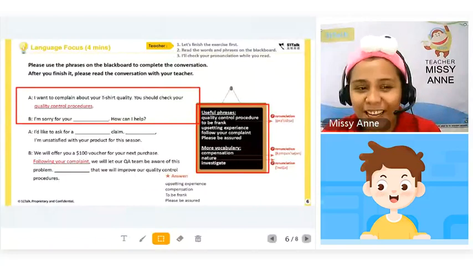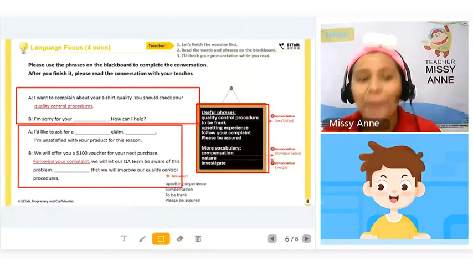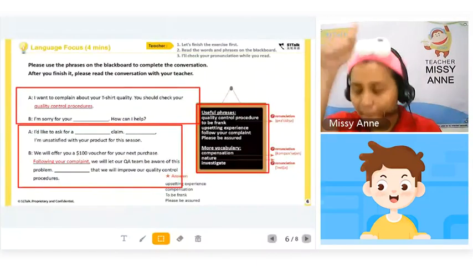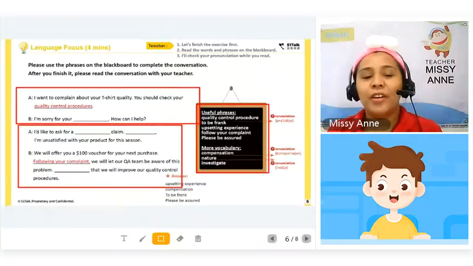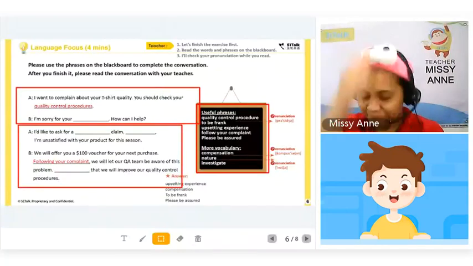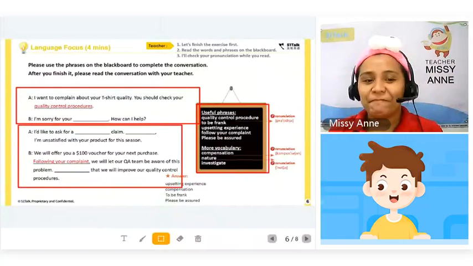Now let's continue the next A and B. I'd like to ask for a compensation claim. To be frank, I'm unsatisfied with your product for this season.